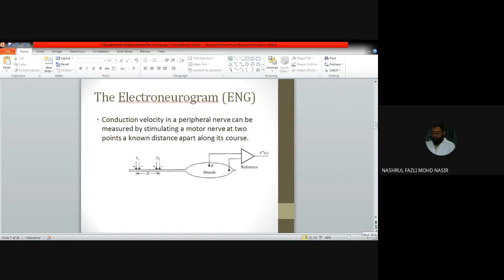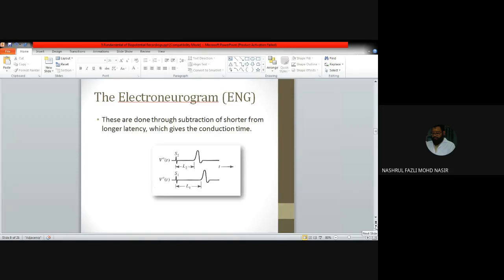After this, we have an equation. But remember, this diagram is important. You have this D, the distance, because the formula is represented by this diagram. These are done through subtraction, of the shorter from the longer latency.